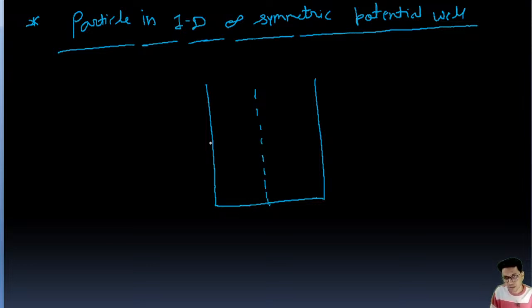This is x equal to 0. This is x equal to a, and this is a by 2. So this is the symmetric line. This is called symmetric potential, and V is defined like this.